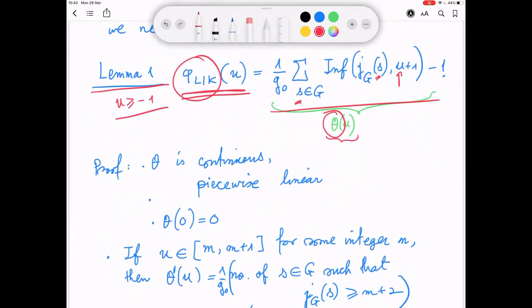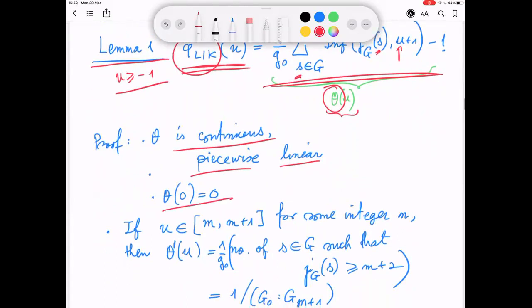One checks that this function theta is continuous, it's piecewise linear, and it's possible to do all this because it's so explicit. Theta of 0 is 0.